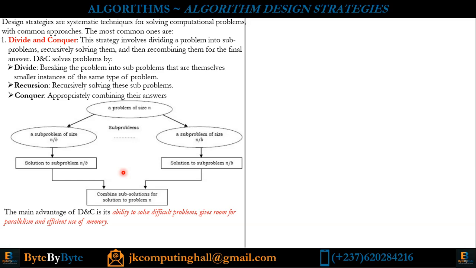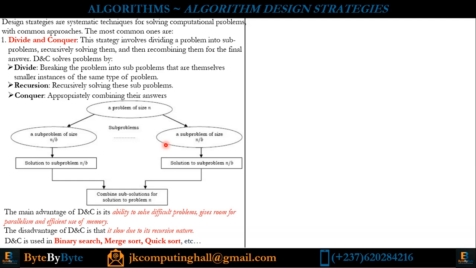Parallelism is a concept whereby many sub-problems can be solved together, or simultaneously in parallel. That is one of the main advantages of divide and conquer, because as you are breaking down the problem into sub-problems, these sub-problems can be solved in parallel, that is at the same time, and it makes efficient use of the memory. But one of the disadvantages of divide and conquer is that it is slow due to its recursive nature.